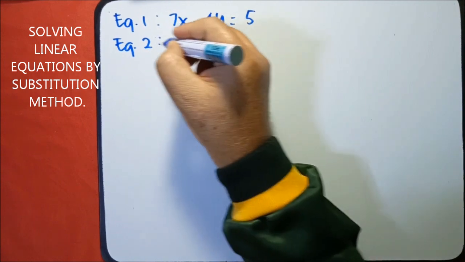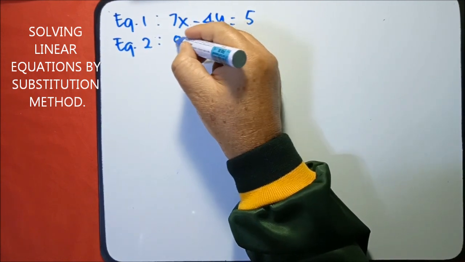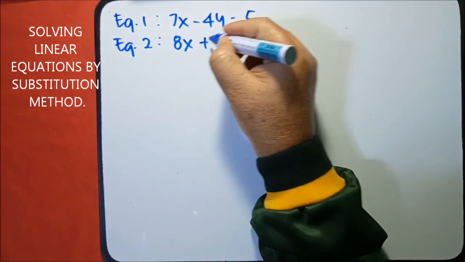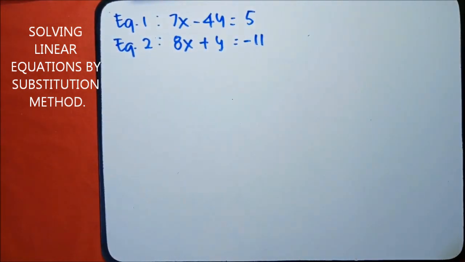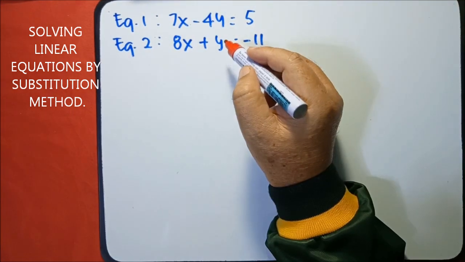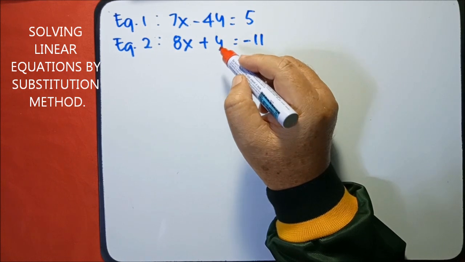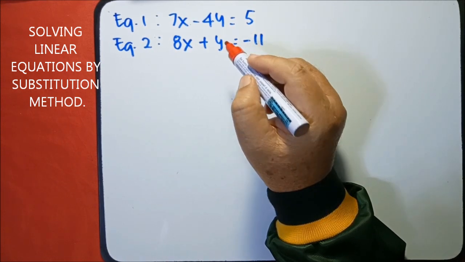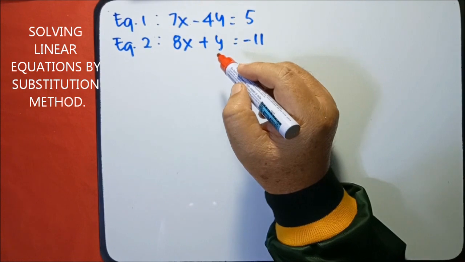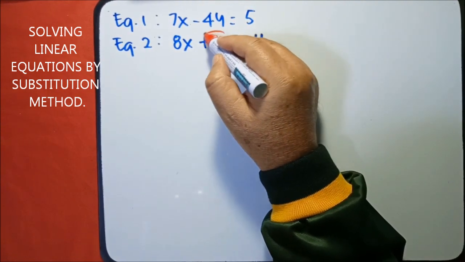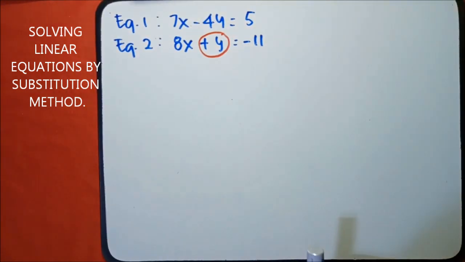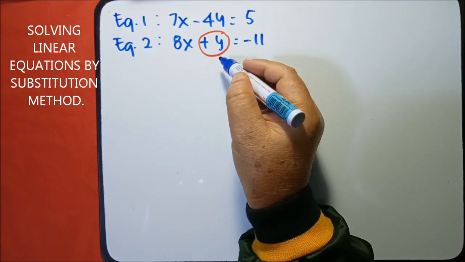Equation 2 is 8x plus y is equal to negative 11. This is what I am saying. Substitution method is best if one term of your equation has a coefficient of 1 or negative 1. Here, one variable has a positive 1. So, substitution is advisable.